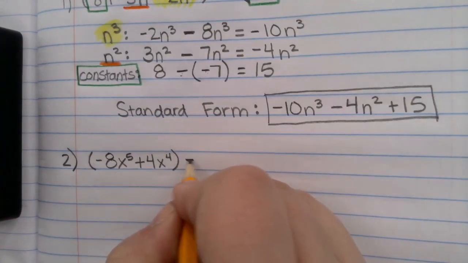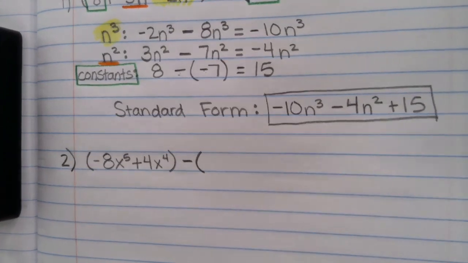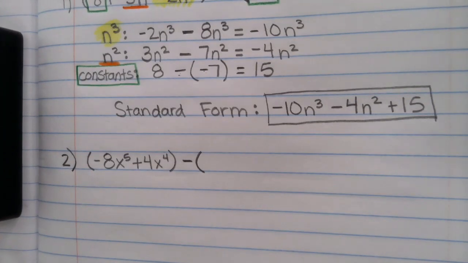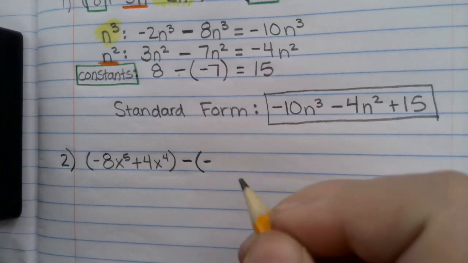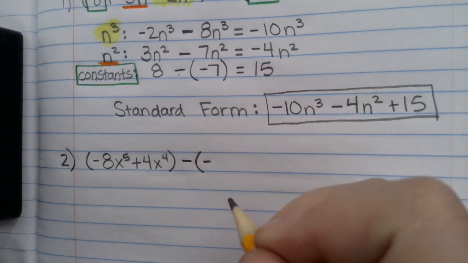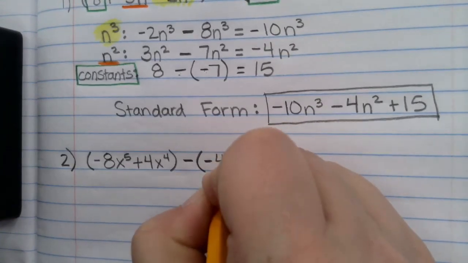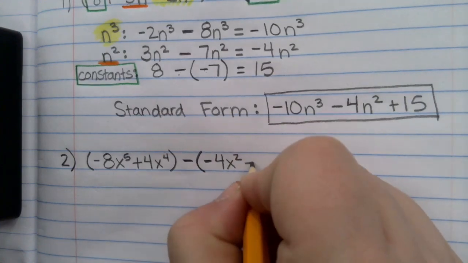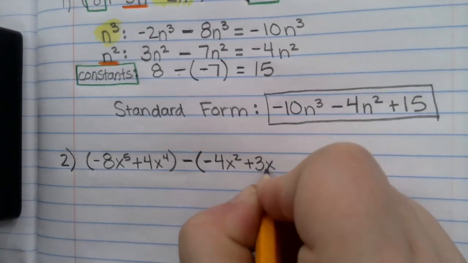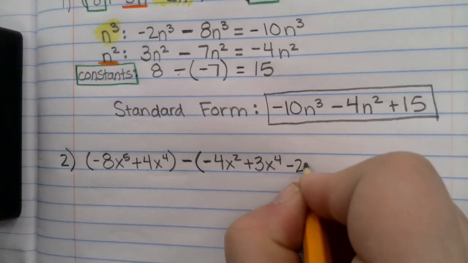Minus, and then in parentheses, negative 4x squared plus 3x to the 4th power minus 2x to the 3rd power.